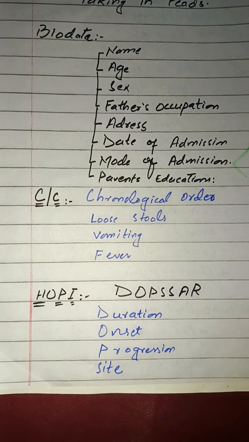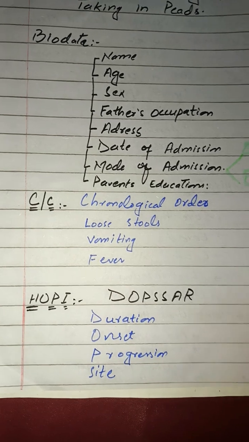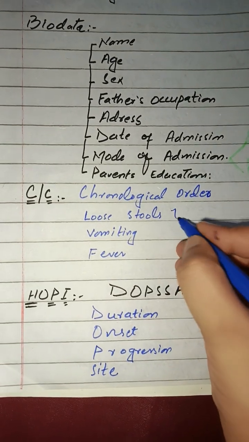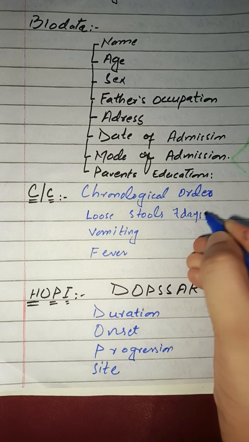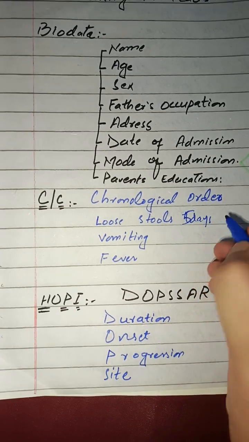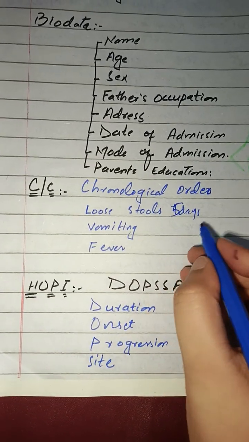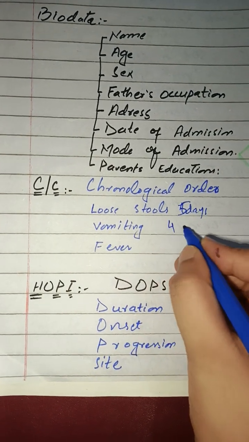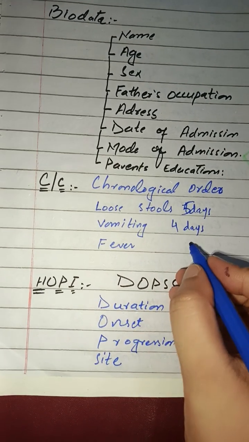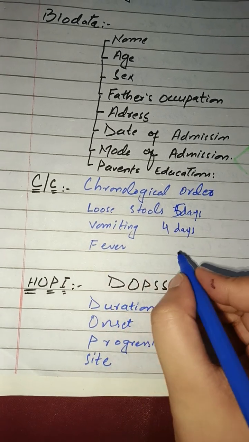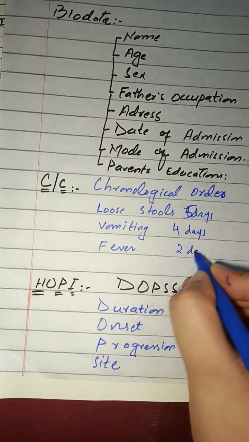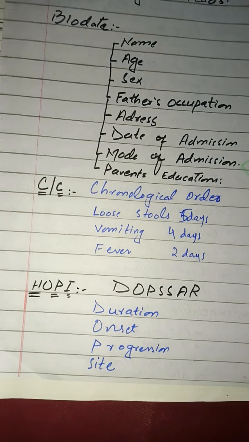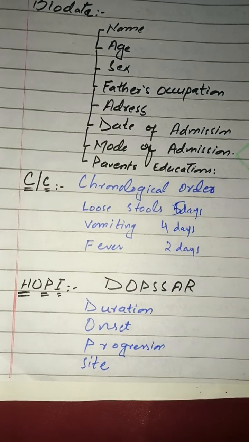For example, if the patient is complaining of loose stool from the past 5 days, we will first write about the loose stool. If he is vomiting from the last 4 days, then we will write vomiting. And if the patient has fever from the last 2 days, we will write it at the end. This is called chronological order.